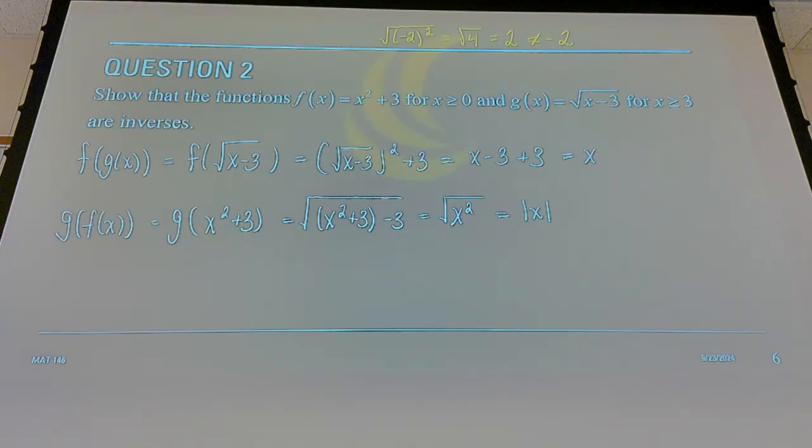But what was the domain for f? Which means the absolute value of x is just x. So that means that f and g are inverses.